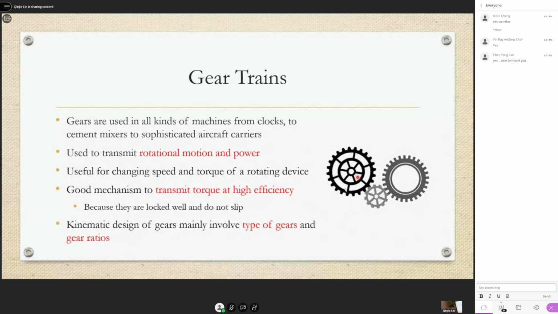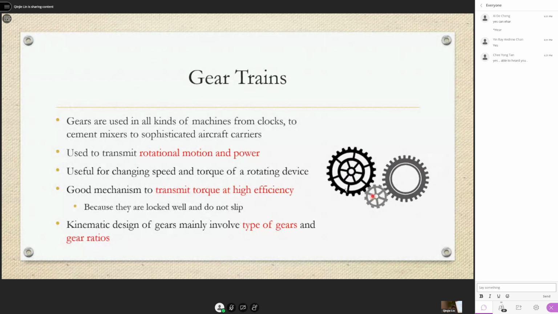Good mechanism to transmit torque at high efficiency, because they are locked well and do not slip. So you can imagine these are usually metals, touching metal of the other part. If they are rough enough, at the point of contact, when it's pushing the other one, for gears, it will hardly slip.